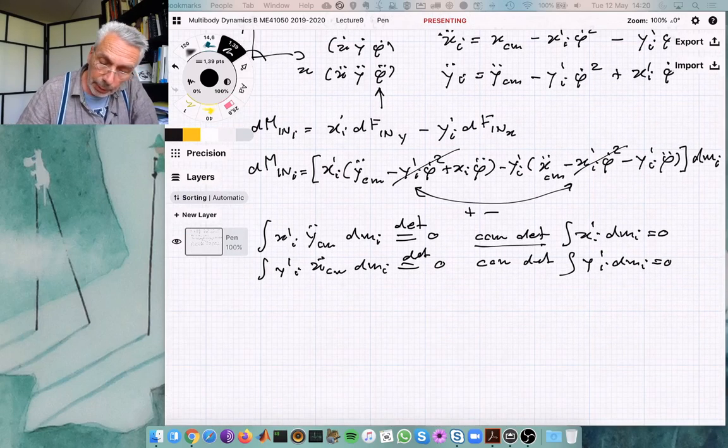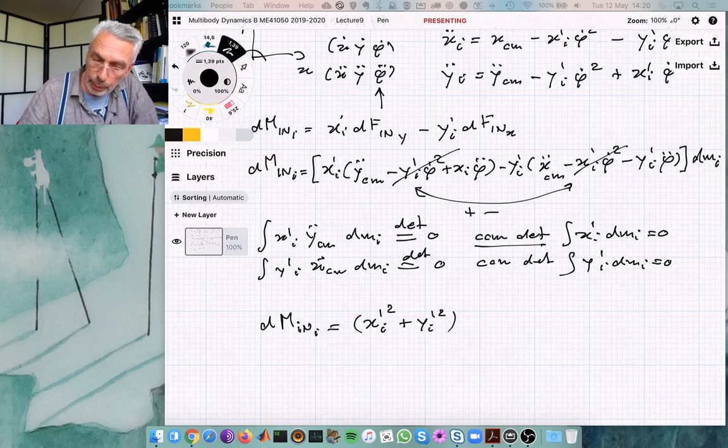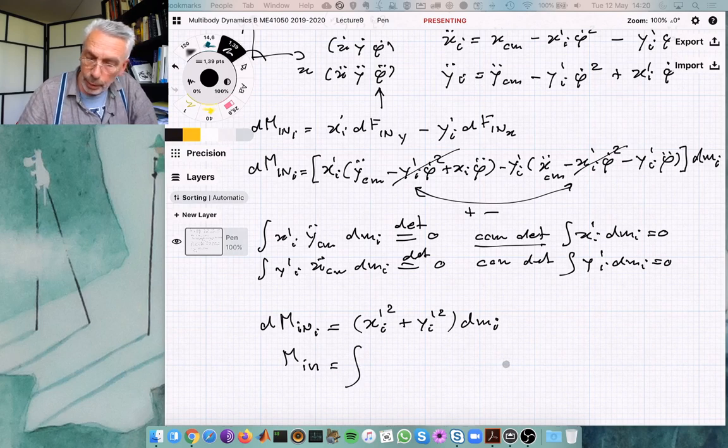And then we see that the dma inertia i equals x prime i squared plus y prime i squared times dmi. Ergo, our inertia torque is then the integral of this stuff, and that is by definition this I_CM times phi double dot.